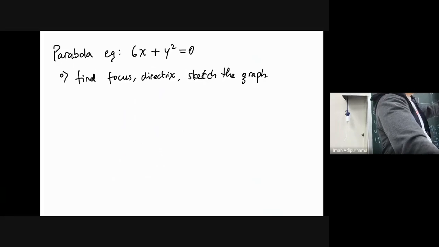But here, finding the focus and directrix is purely based on geometric perception. So you can draw first, and then if you are still not really convinced with the sketch, you can try your calculus and sketch based on the calculus, and you can compare. It should be the same.